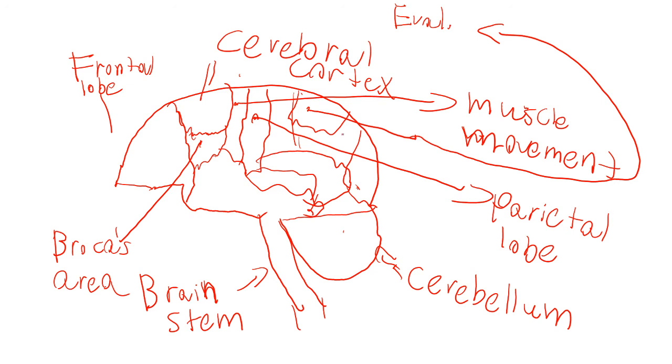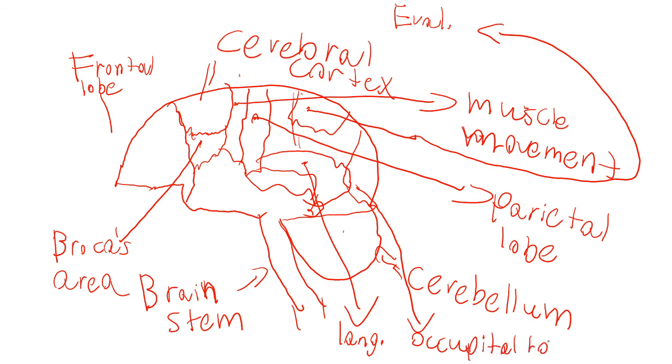And over here, this part right here is Wernicke's area, as I showed in the last example, which is language comprehension and understanding language. Over here we have the occipital lobe, which we discovered in the last example. Occipital lobe is in that area.